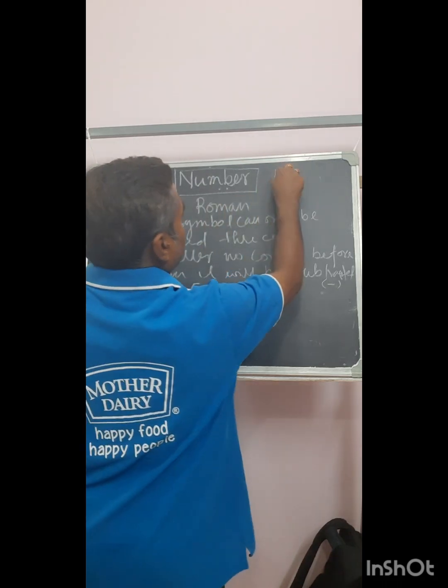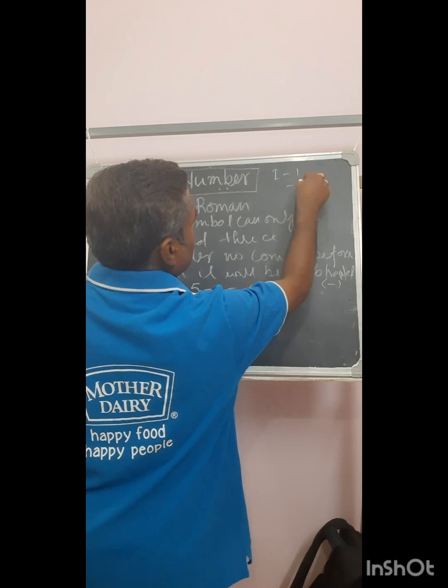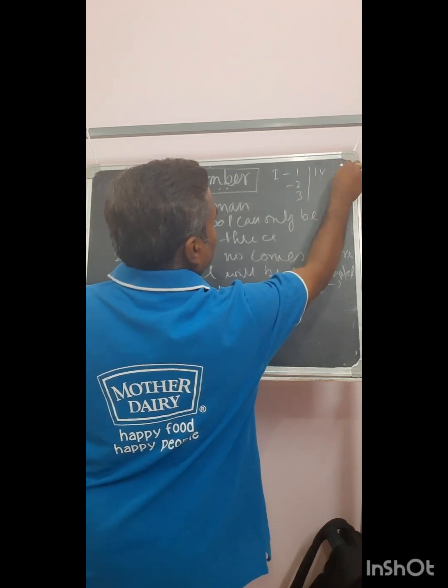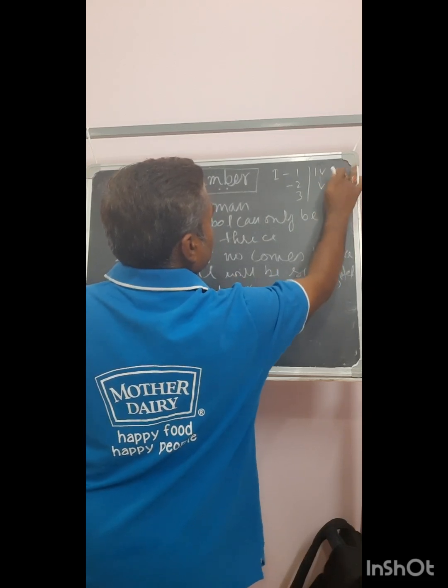So let me write the values. I means 1. If it is repeated thrice, it becomes 1, 2, 3. Then IV is 4 and V is 5.